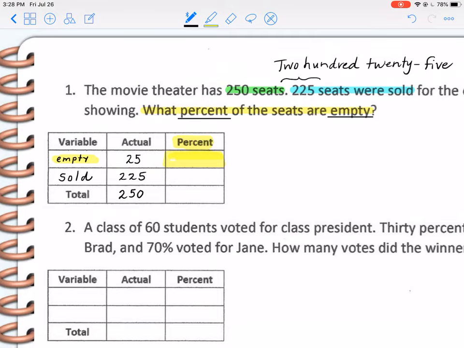So we have to do a little bit of math, which is no surprise. One thing that you need to know is that a total percent is always 100%. So under percent total, it will always be 100%. That is the most you can have on a percent problem like this. So the 250, that's the whole theater, is the 100%. And we want to know the percent empty.